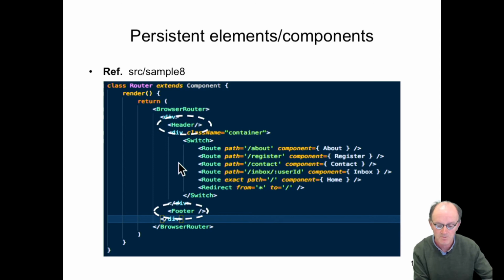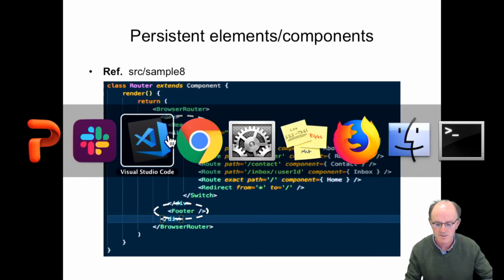And I've also got a custom component called footer. And so, surprise, surprise, it's those components which I've nested inside my browser router. They are going to achieve this persistent aspect to my view.